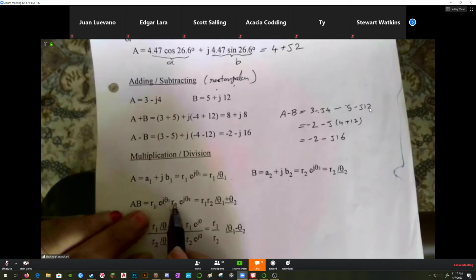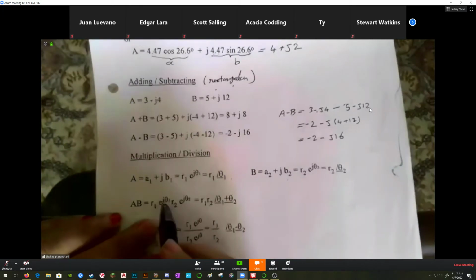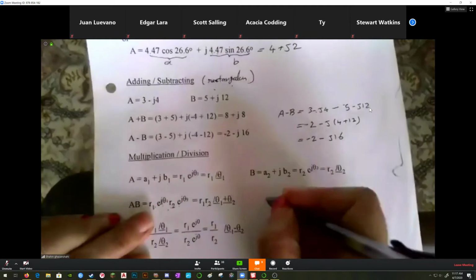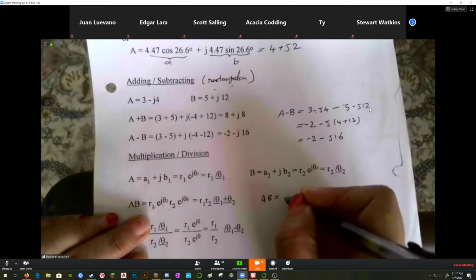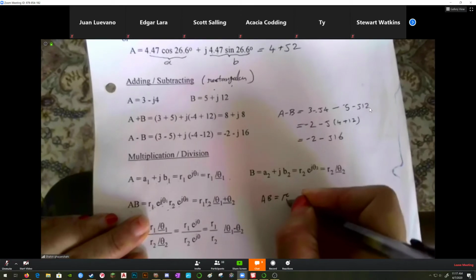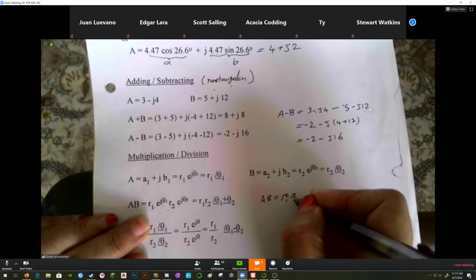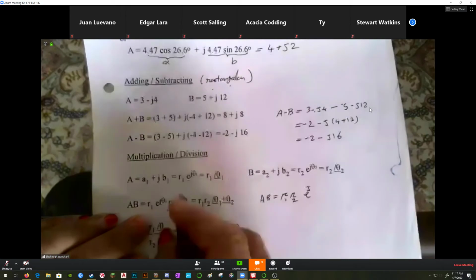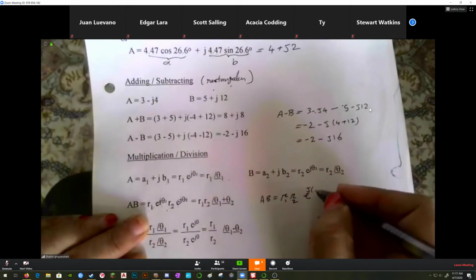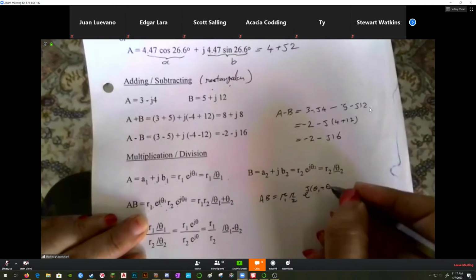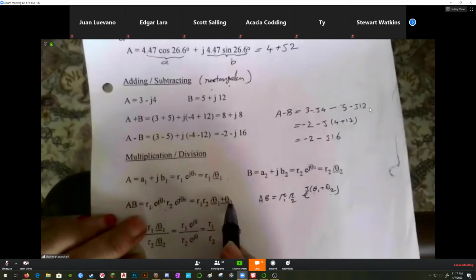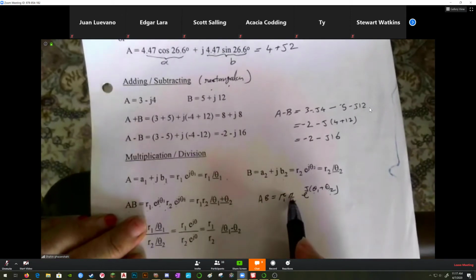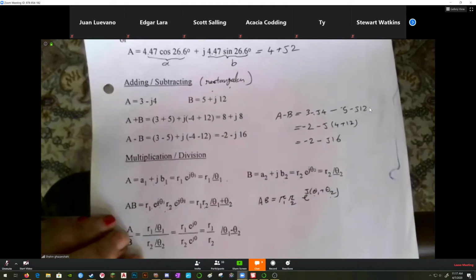So you have R1 times R2, exponential of J when you multiply these two, theta 1 plus theta 2, correct? So the angle is theta 1 plus theta 2, and the amplitude is the product.